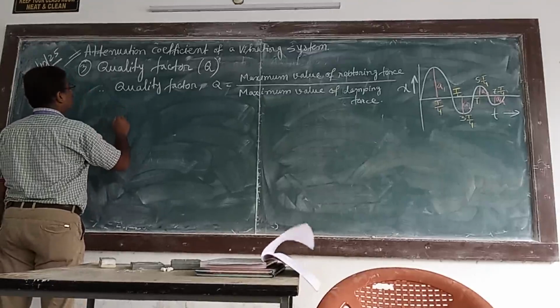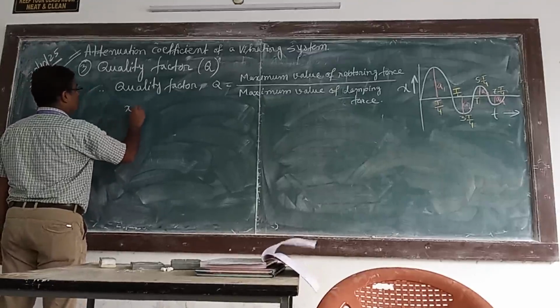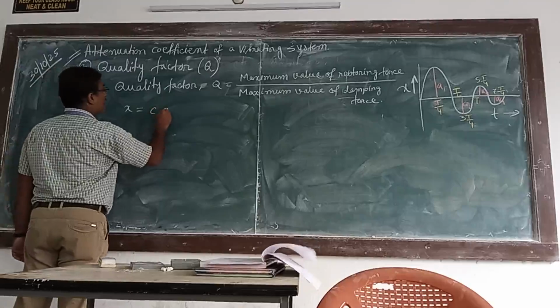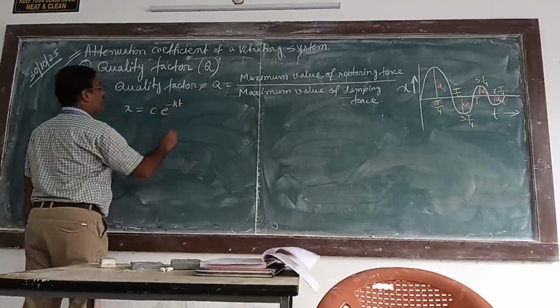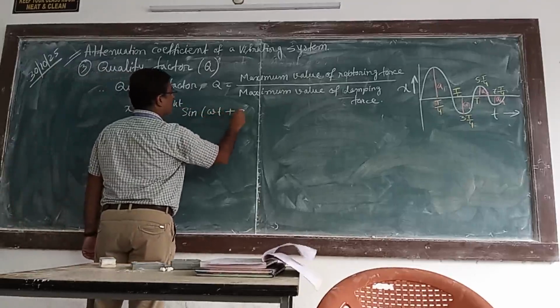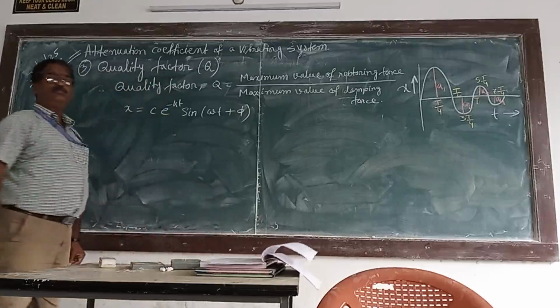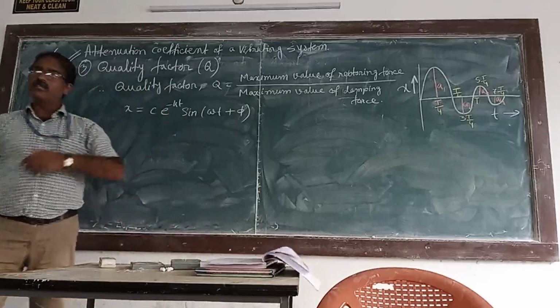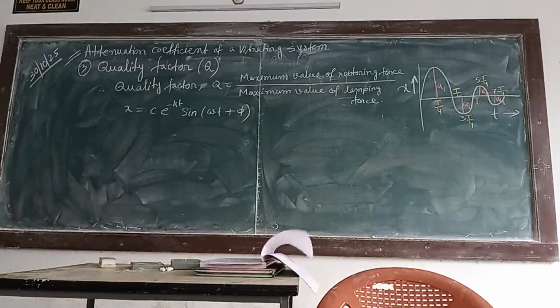Therefore, we know x equals c e to the power minus kt sin(omega t plus phi), where omega equals root over omega 0 square minus k square.